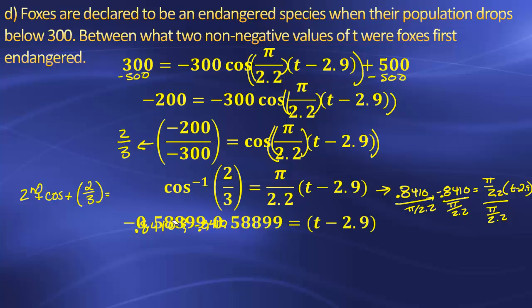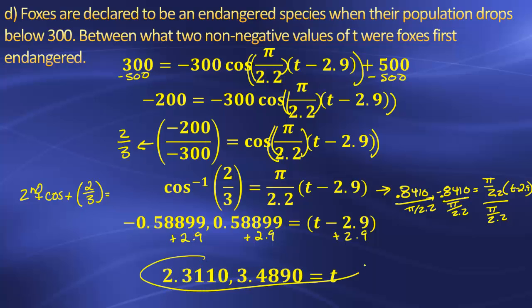And that's going to give you these two numbers, negative 0.58899 and positive 0.58899. Then we have to add 2.9 to each one of the numbers, and that's going to give you these two answers.